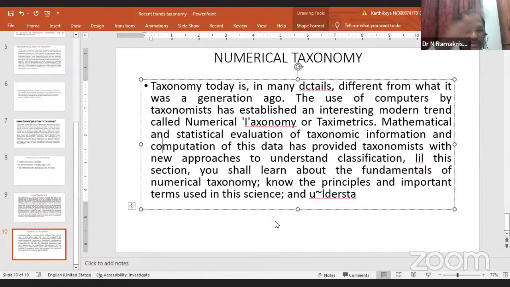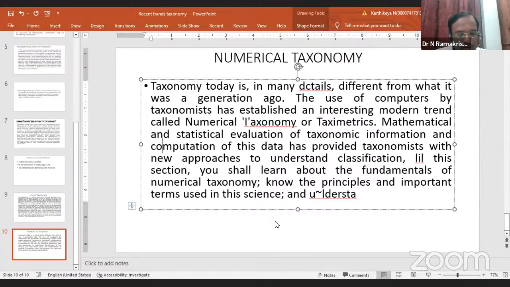These are the systems of Bentham and Hooker and Engler and Prantl. As for recent classifications, new advanced parameters have become available. These include plant anatomy, cytology, embryology, palynology, genetics, physiology, ecology, plant geography, phytochemistry and numerical taxonomy. These are all the recent trend classifications.